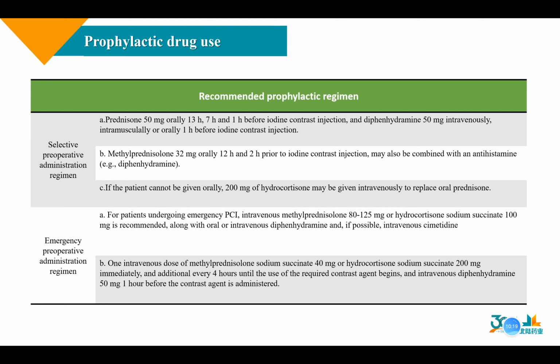Firstly, for patients undergoing emergency PCI, intravenous methylprednisolone 80 to 125 mg or hydrocortisone sodium succinate 100 mg is recommended, along with oral or intravenous diphenhydramine and, if possible, intravenous cimetidine.